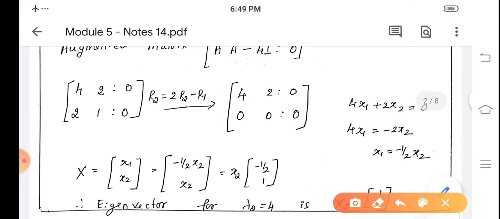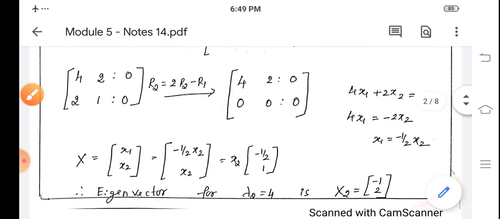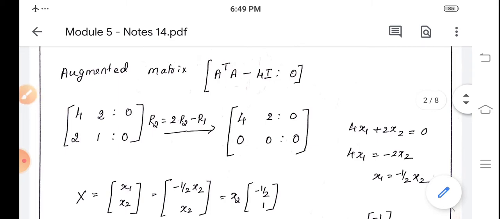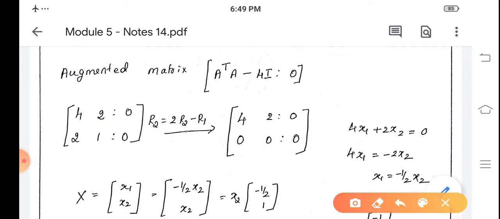That will be [4, 2 | 0; 2, 1 | 0]. Now to find the eigenvector, we reduce this augmented matrix to echelon form by row operation, that is R2 equal to 2 times R2 minus R1. That will be [4, 2 | 0; 0, 0 | 0]. So now it becomes 4 x1 plus 2 x2 equal to 0.